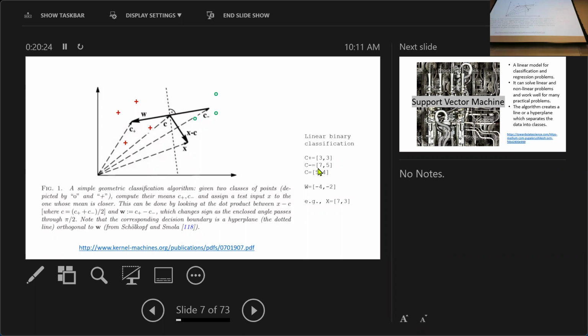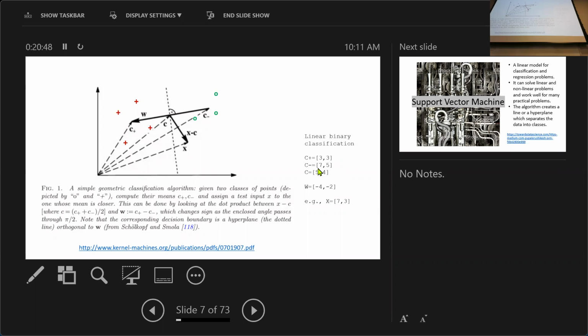So you can consider this as a data point. Everything is a vector, right? You can have a vector W here. This vector is not from the origin, but we can move the origin.